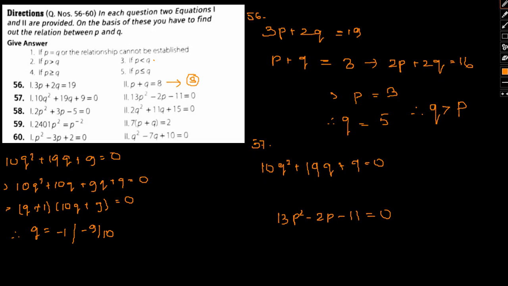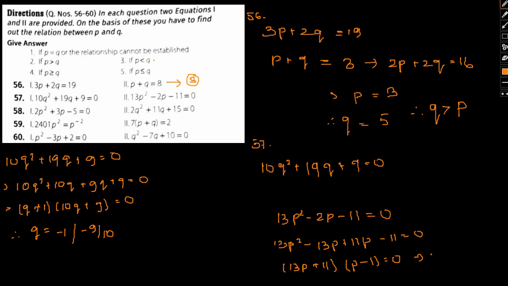Similarly, for p we can have 13p square minus 13p plus 11p minus 11 equal to 0. Which can be further written as 13p plus 11 and p minus 1 equal to 0.